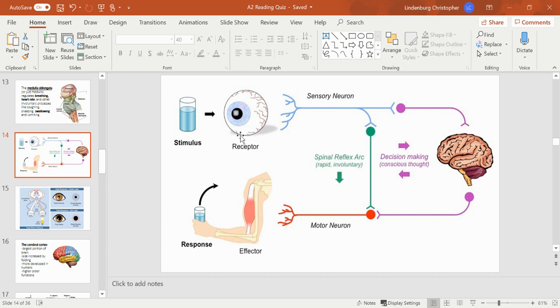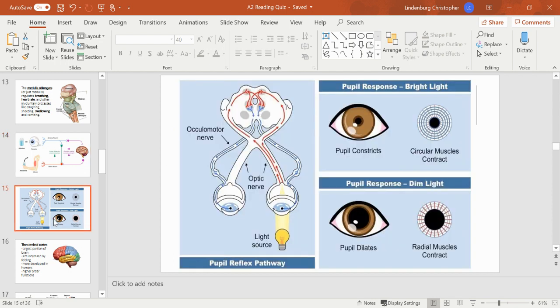Here's one example. It's called a reflex arc, and this actually is in the syllabus. Your eyes can also cause an involuntary response. Perhaps you've heard of pupils dilating. Instead of going through all of that information, you do what's called a reflex arc.